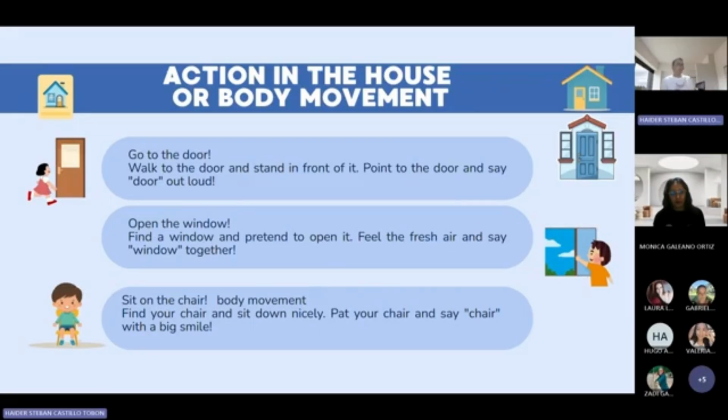Utilizar esta palabra walk to puede permitirnos hacer la acción o explicar la acción. Open the, o sit on. Estas tres frases nos pueden ayudar directamente para poder practicar diferentes escenarios en nuestro día a día y para enseñarlo a las personas que deseemos o estemos bajo su tutoría directamente.